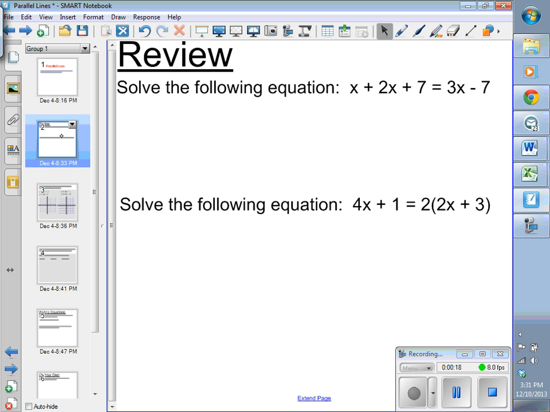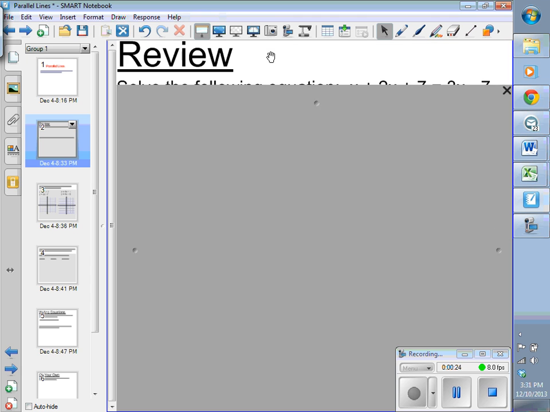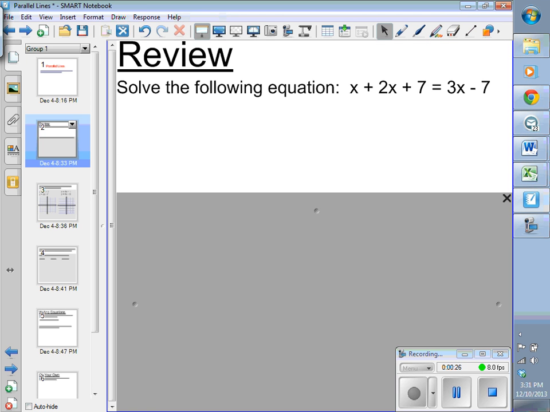All right, so to review, we're going to solve, or simplify, the equation. We have x plus 2x plus 7, and it's equal to 3x minus 7. So, x plus 2x gives us 3x plus 7, and that's equal to 3x minus 7.